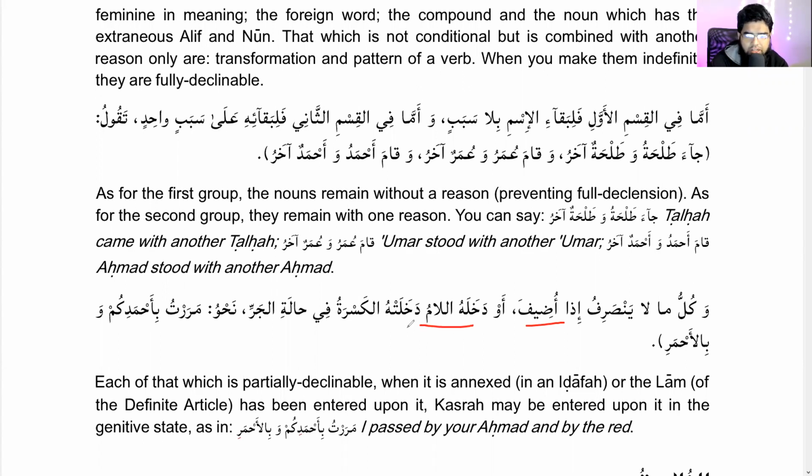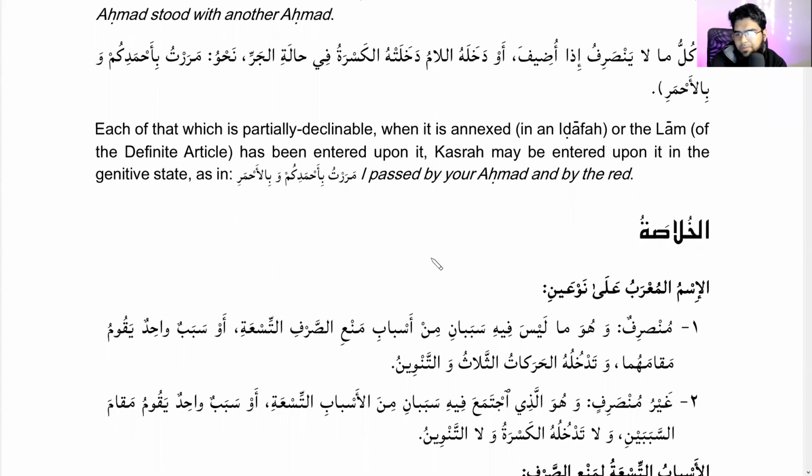The lam of the definite article has entered upon it, then kasra will enter on it fi halatil jar, in the genitive state. Nahu marartu bi ahmadikum. Now Ahmad, you might say, okay, it's a diptote and should not take kasra. No, you made it your Ahmad. I passed by your Ahmad wabil ahmar, and by the red. Even ahmar, it has alif lam, right? So any ghayr munsarif, if we want to make it munsarif, add alif lam to it or make it mudaf ilayhi.